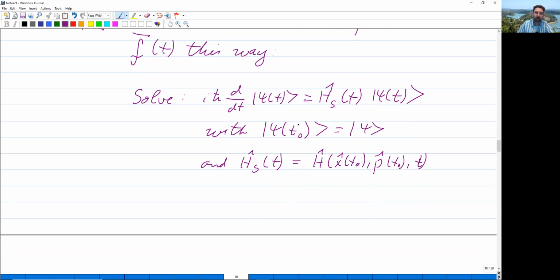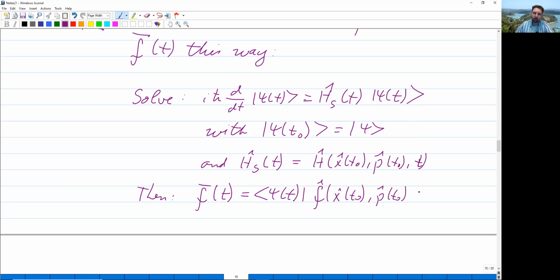First, we solve the Schrödinger equation with this initial condition, with this Hamiltonian, and then we obtain our prediction for an observable f as a function of time as psi of t, the Schrödinger state vector function, f hat at x hat of t naught and p hat of t naught, psi of t.